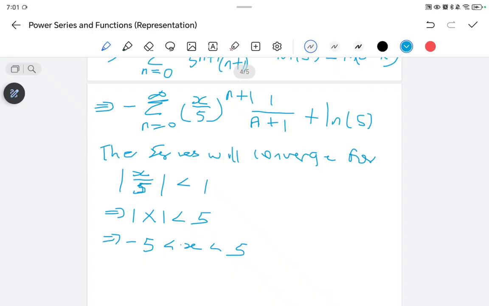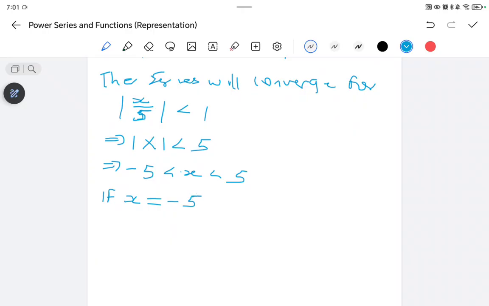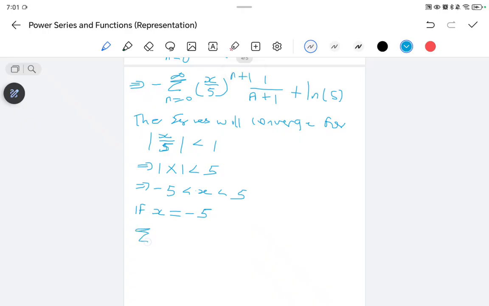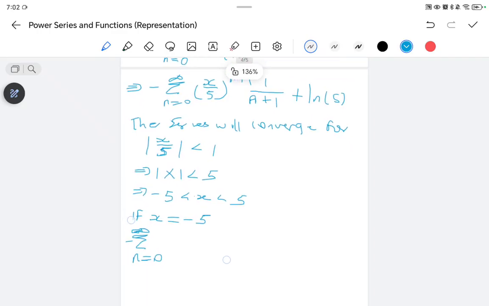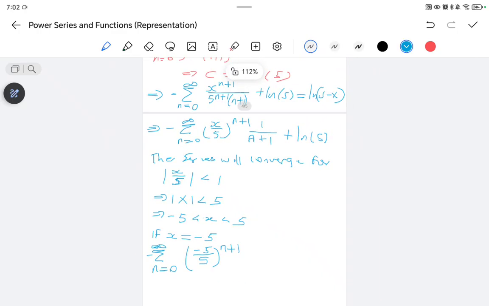So now let's check. If x is equal to -5, then we go back to this series and plug -5 where there's x, so that the summation of -5 over 5 to the n plus 1, plus ln 5.